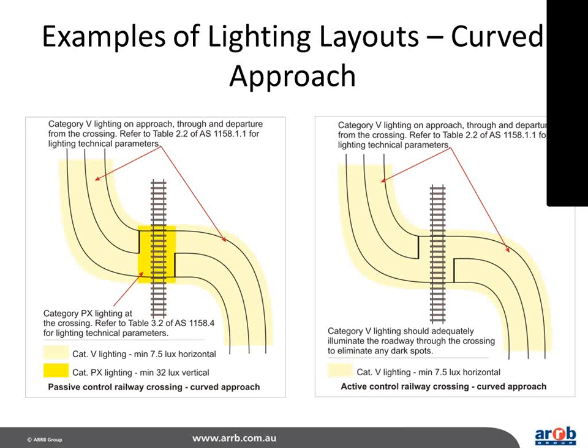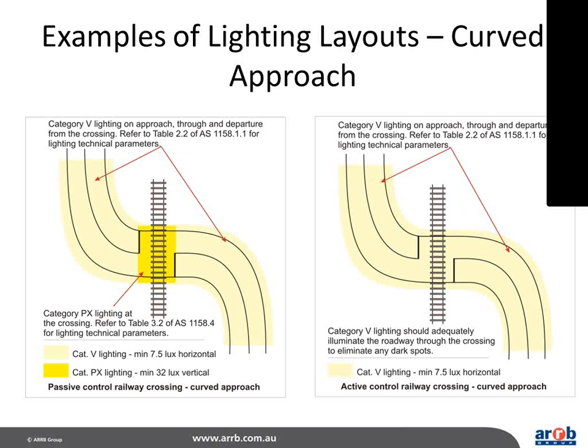On a curve approach, there's a higher risk of loss of control incidents by drivers approaching the crossing due to lack of visibility or inappropriate speed because they do not appreciate the road alignment. So in the same way as a straight approach at a passive crossing, you would illuminate the road layout so that drivers have a better appreciation of it.